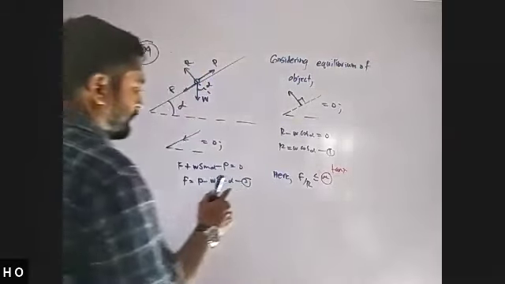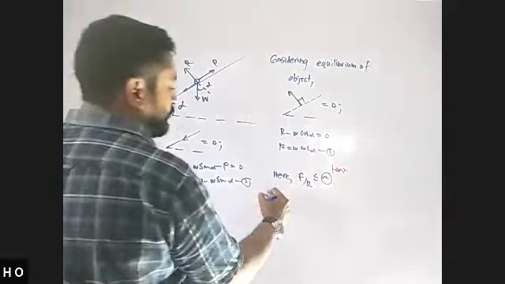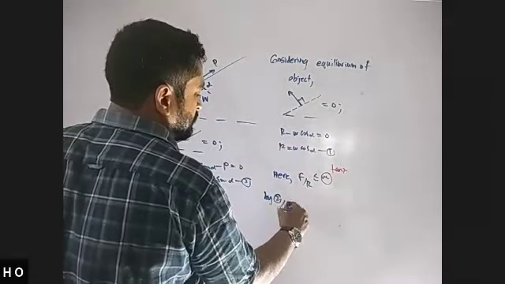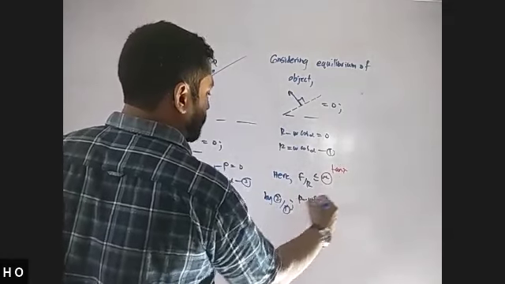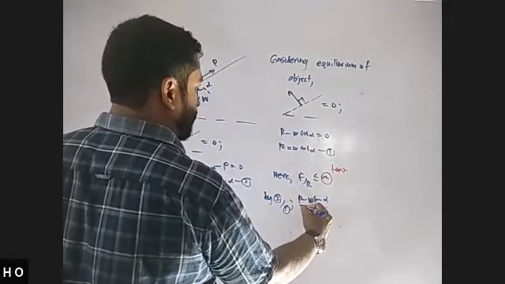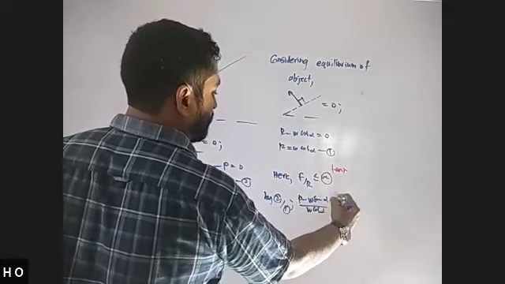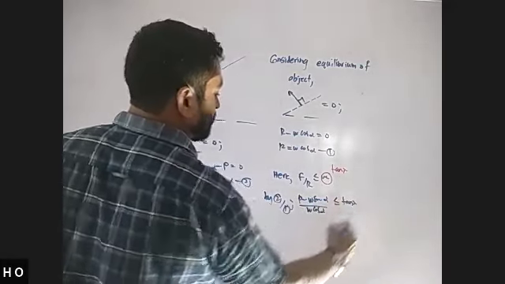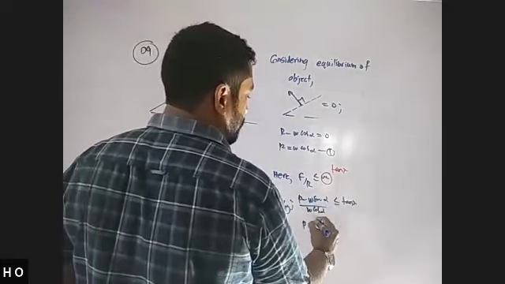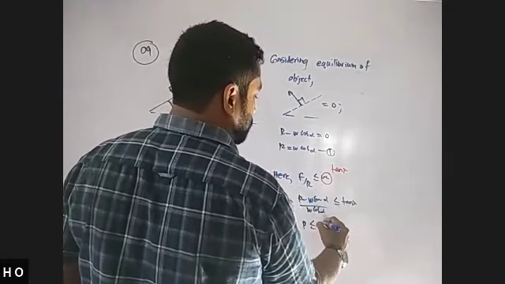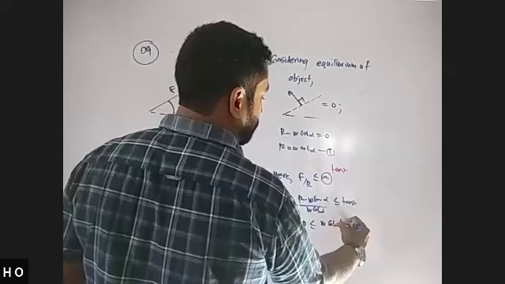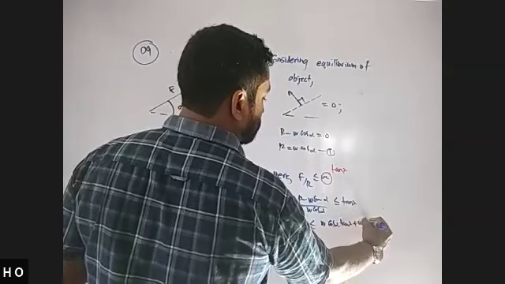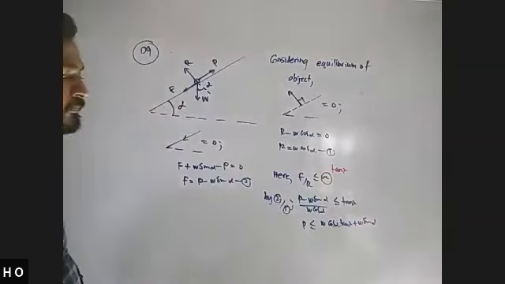So what about F? By equation 2 over equation 1, you can further consider. F is P minus W sin alpha, R is W cos alpha, less than or equal to tan lambda. Let us multiply. P is less than or equal to W cos alpha tan lambda plus W sin alpha.